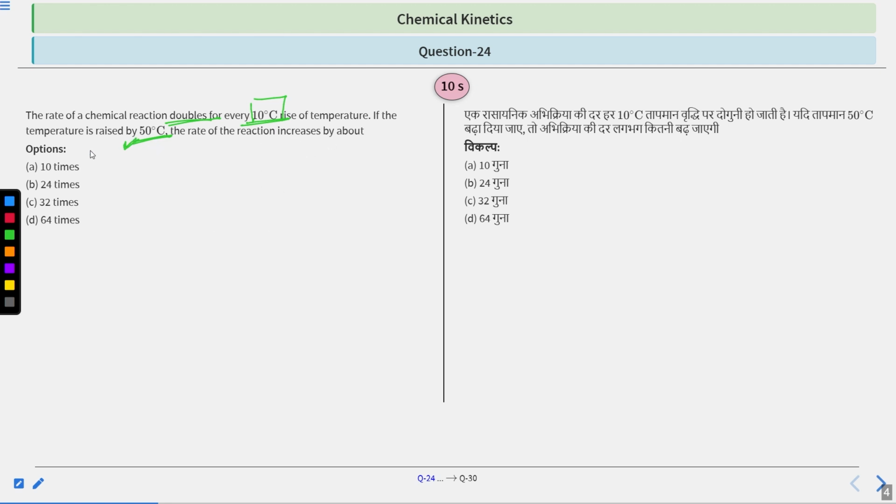Options are 10 times, 24 times, 32 times, or 64 times. You have 10 seconds to solve this question. After that, we will see the correct answer.